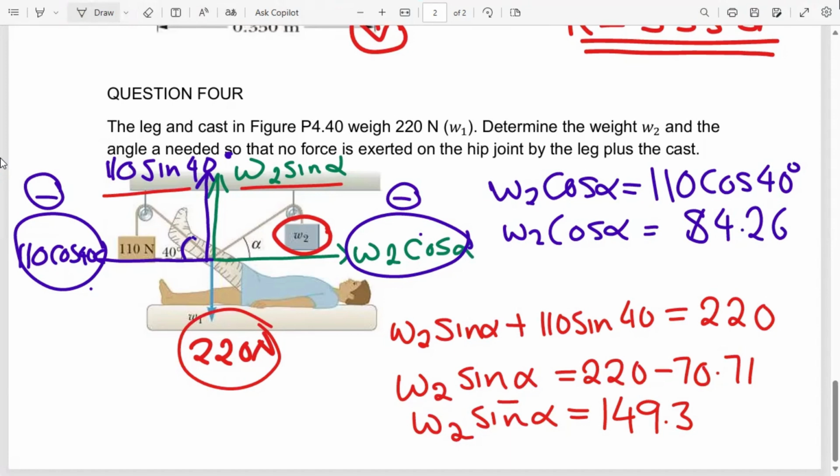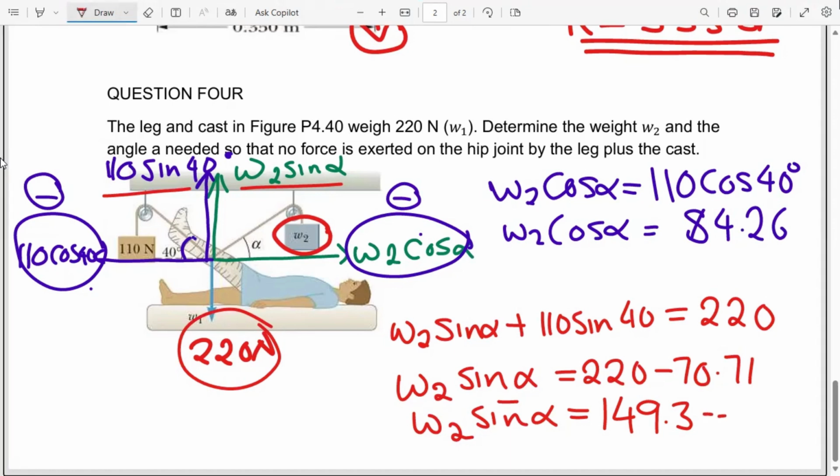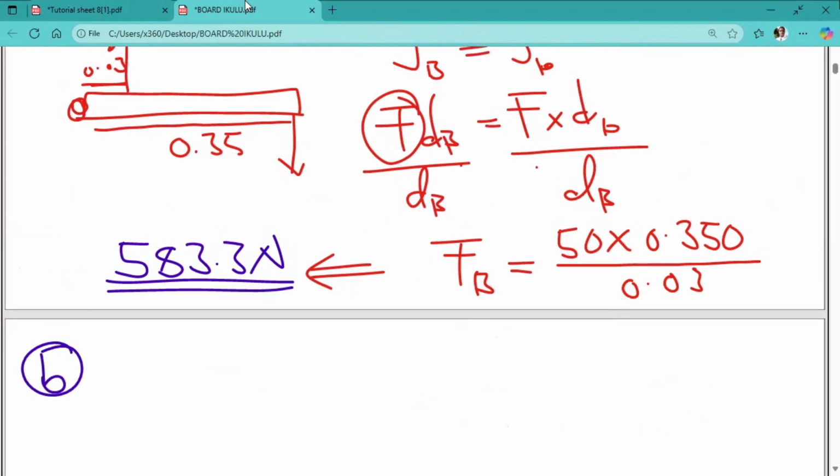Okay, so now we have two expressions, an expression in the y-axis and an expression in the x-axis. We're going to say this is equation 2, and this is equation 1. So we're now going to divide equation 2 by equation 1. And what are we going to come up with? We can now go to a blank board.